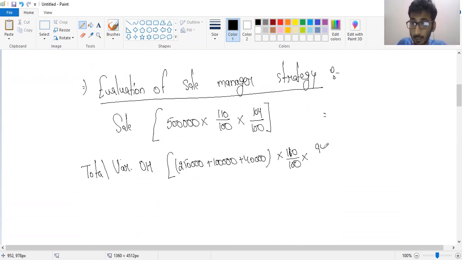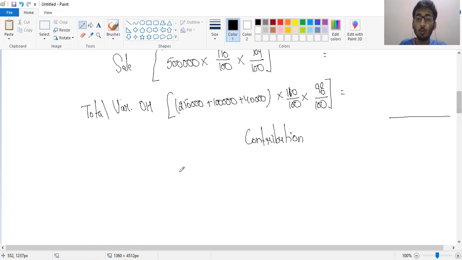And if we decrease the cost component by 2%, it is contribution. And now, since it is saying that we need to do it for all the components of cost, it means I need to reduce the fixed cost as well by 2%. My current fixed cost, we have calculated, is 60,000, and I need to make it 98 by 100 for fixed cost as well.